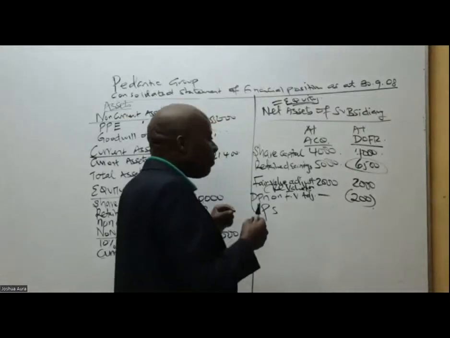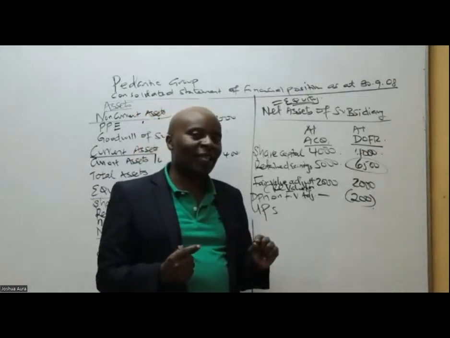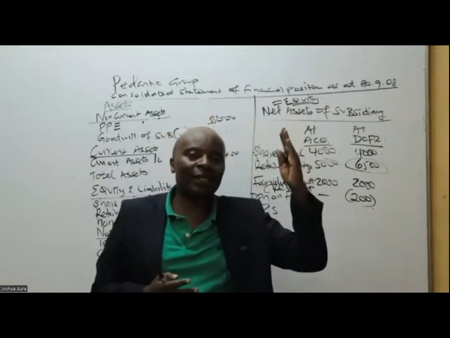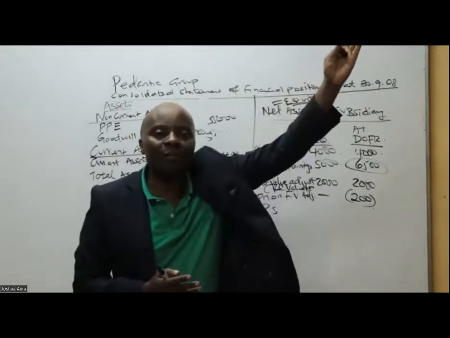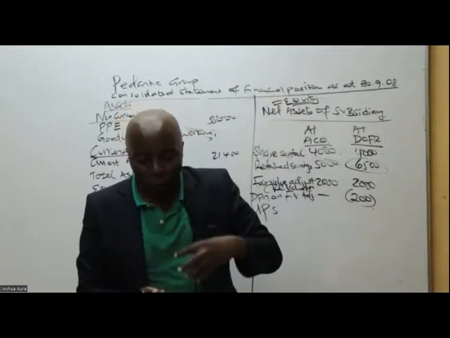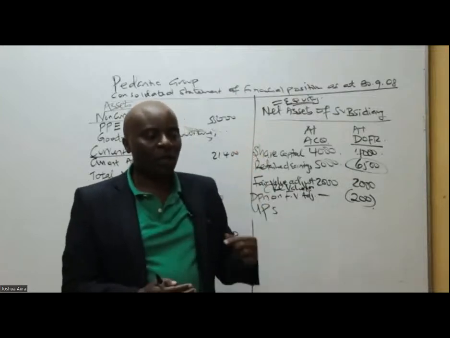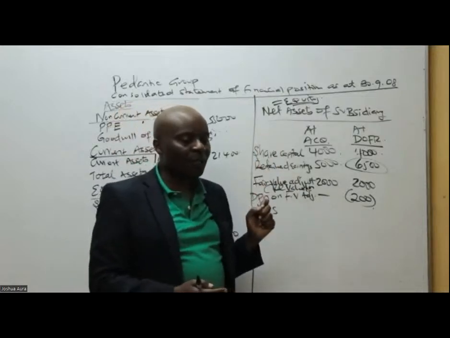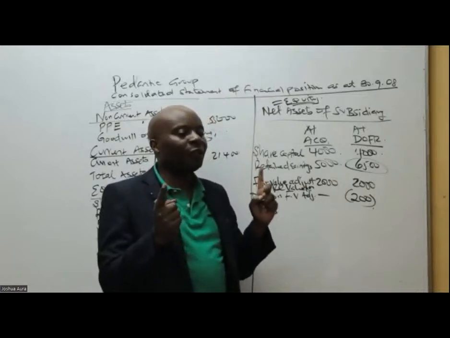UPS is normally brought into the net assets of the subsidiary if it is the subsidiary that sold goods to the parent, an upward transaction, because the net assets of the subsidiary have been overstated.